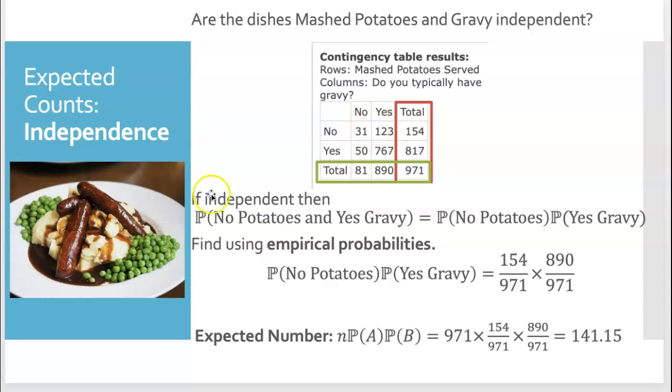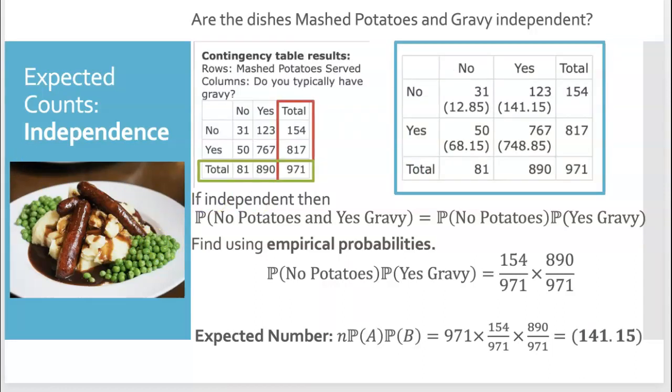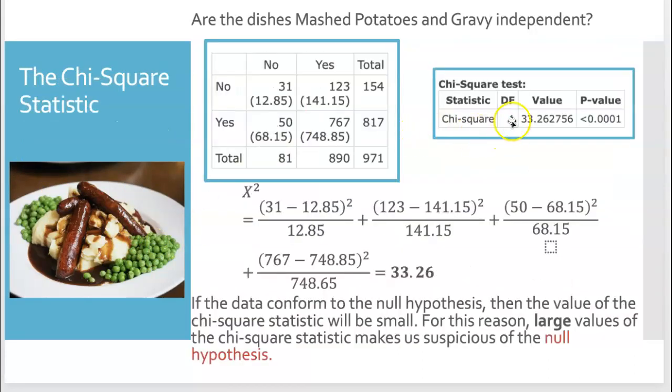So that's why my degrees of freedom in this example are 1, because I only need to know one cell in order to know all the cells. So degrees of freedom here are more related to the number of cells, because there are 4 cells here, and not the sample size.